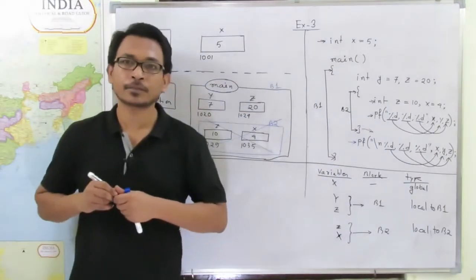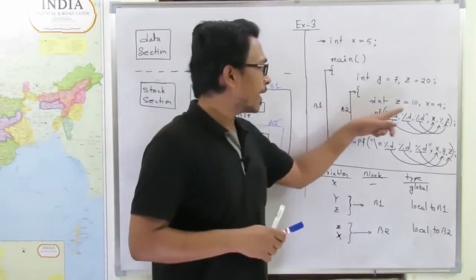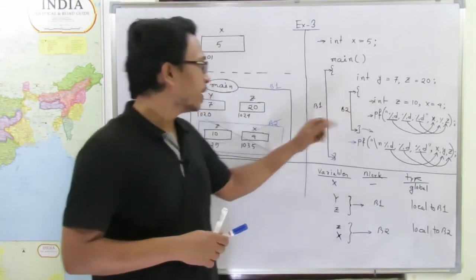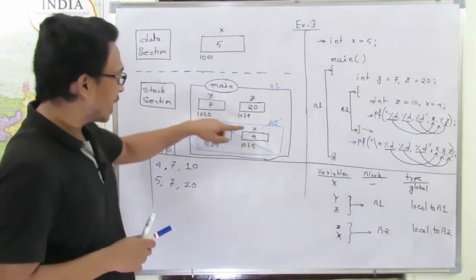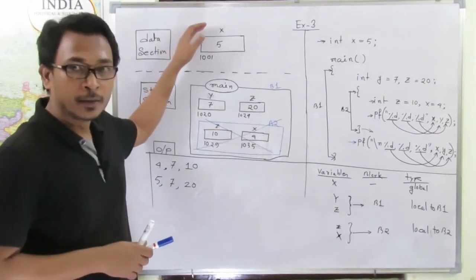Clear? Look, when we work with the x variable inside the B2 block, at that time we take the value of x from this particular B2 block itself, not from the global variable.